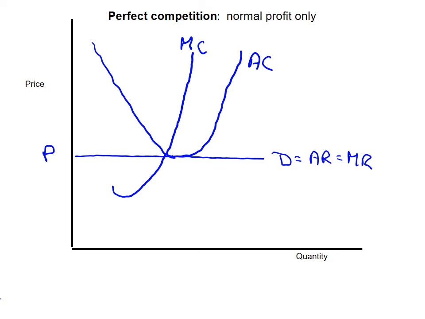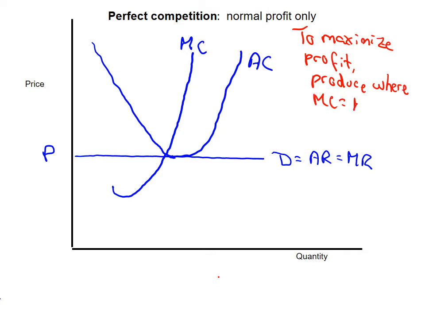In order to maximize profit, produce where, and think of the M&M candies, MC equals MR. Here's the MC, here's the MR, there's that sweet spot.